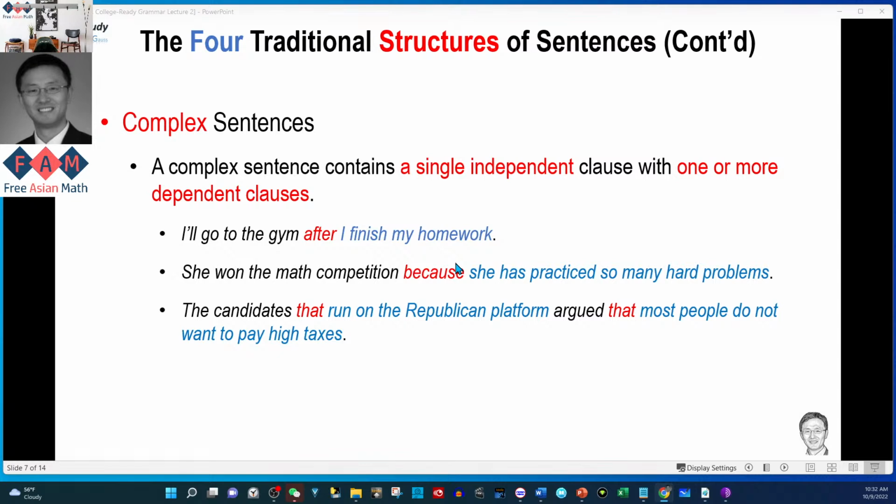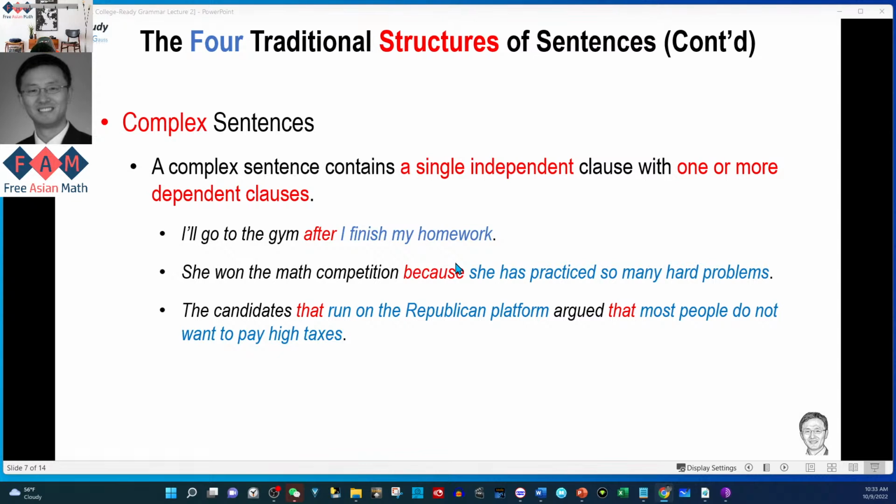The candidates, what kind of candidates? Who are they? We define or modify the main subject candidates by providing additional information: that run on the Republican platform. This provides additional information to the subject candidates. So logically, this serves as an adjective, modifying candidates.